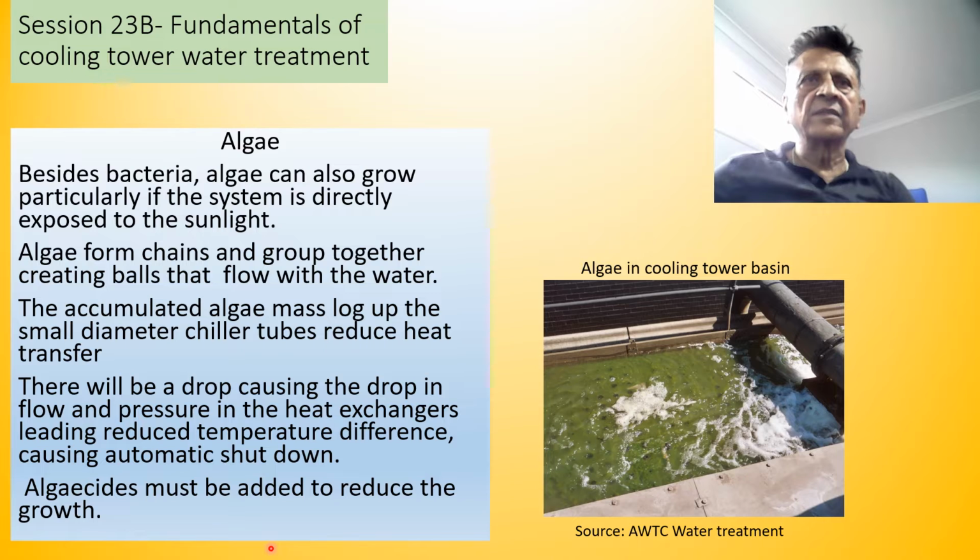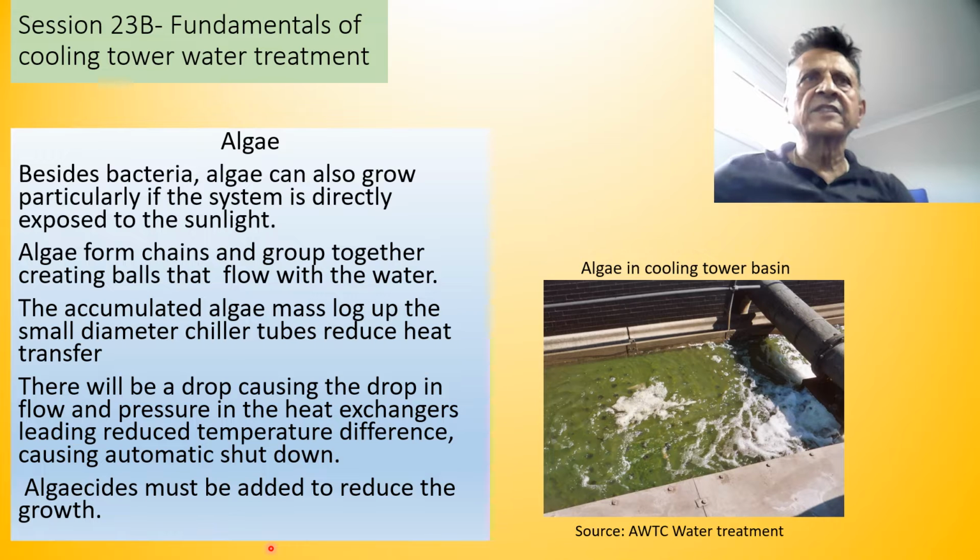The algae can accumulate so much that it may completely clog up the diameter of the chiller tubes, which will cause the pressure to drop and heat will not be transferred and cause automatic shutdown.